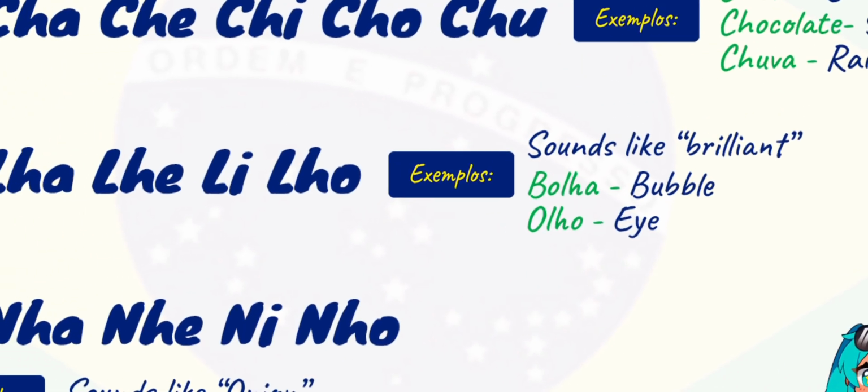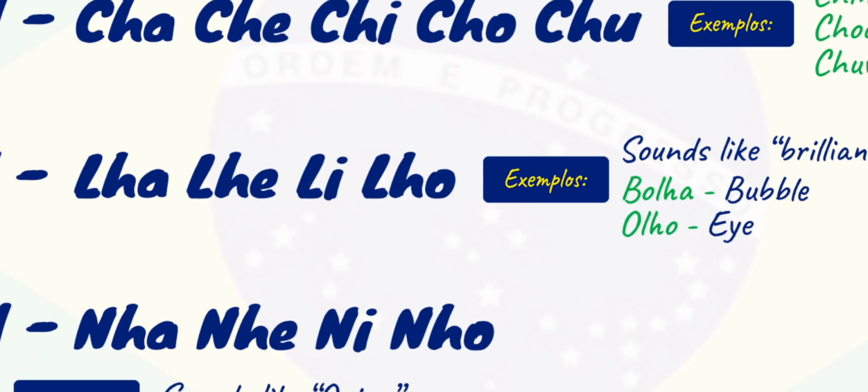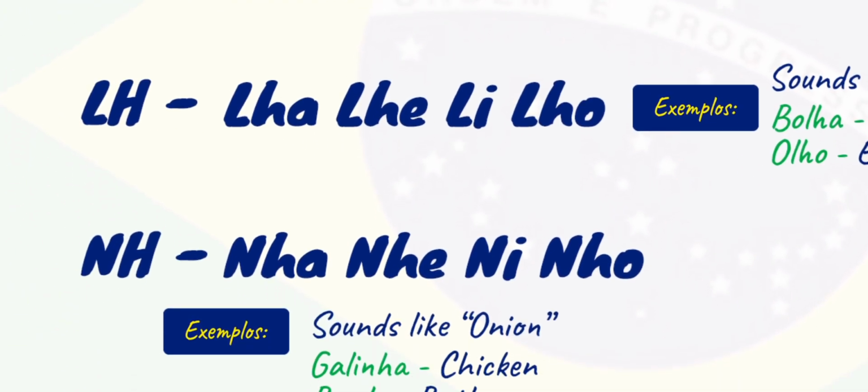So lha, lhe, lho. And some words like família, that's family. It doesn't have the H, it's just li, família.